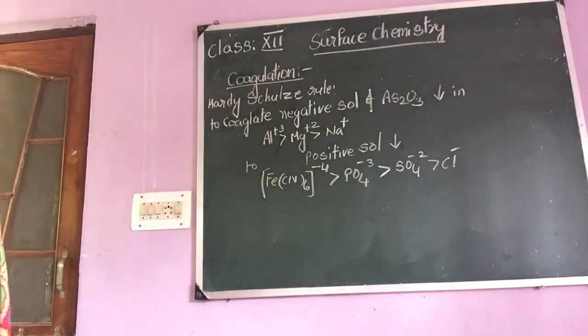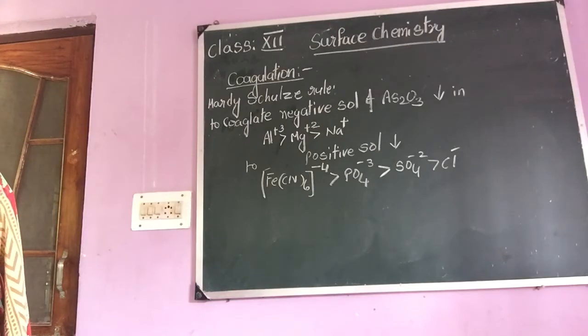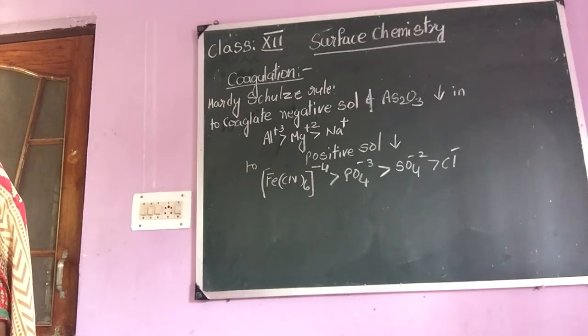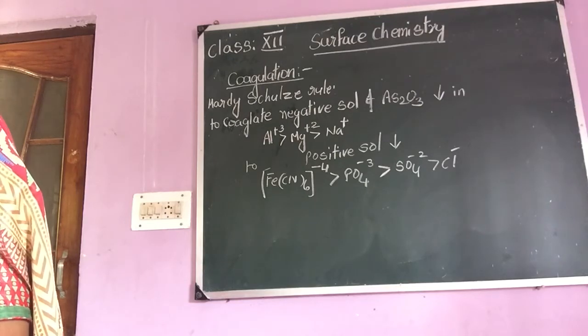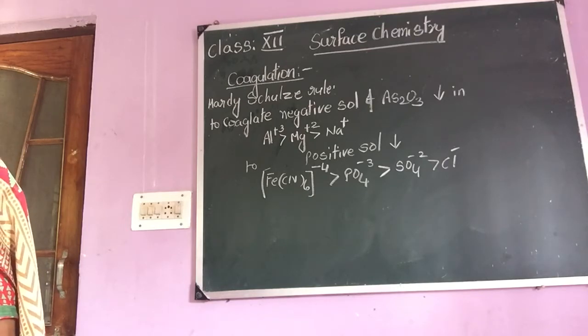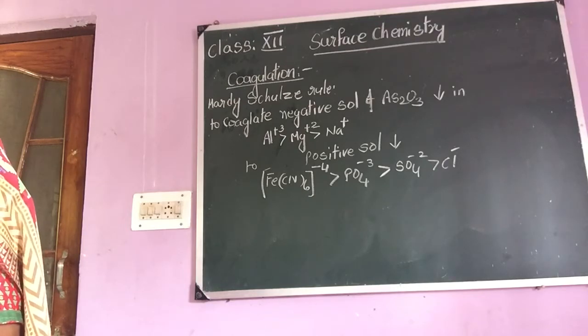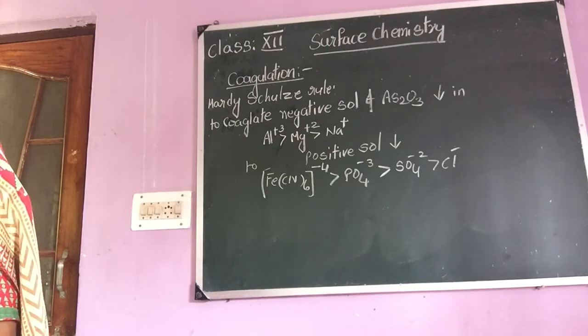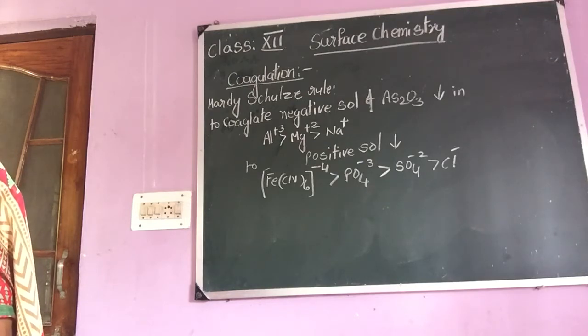Now let us discuss what are the points of the Hardy-Schulze rule. According to the Hardy-Schulze rule, the ion carrying the charge opposite to the sol particles is effective in causing coagulation of the sol, and the coagulating power of an electrolyte is directly proportional to the fourth power of the valency of the active ion, that is, the ion causing coagulation.